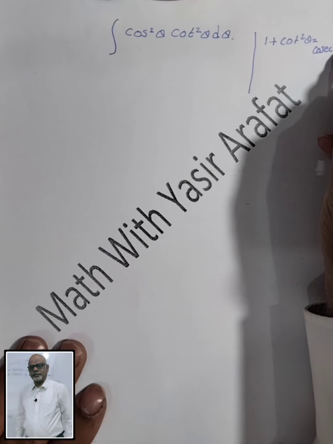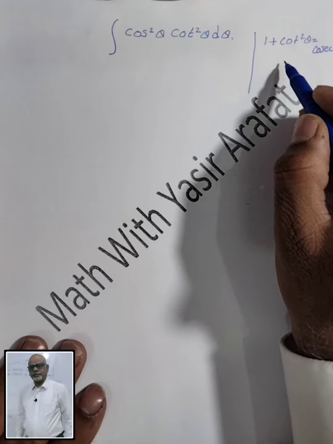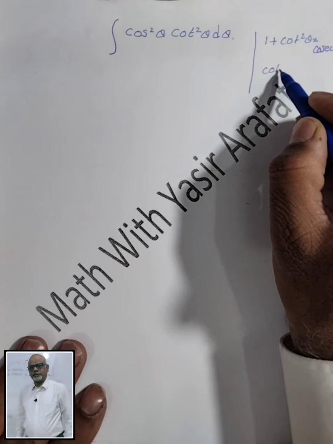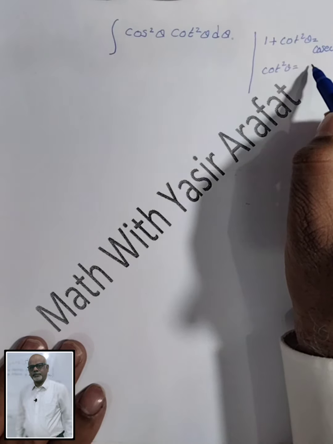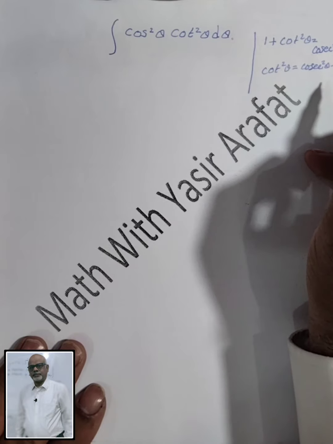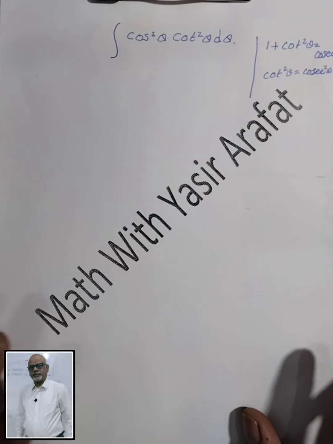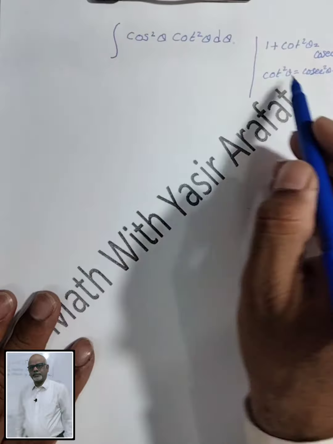We have a basic formula, so when we have to find the value of cot square theta, it will be equal to cosec square theta minus 1. So we have to use this formula here.